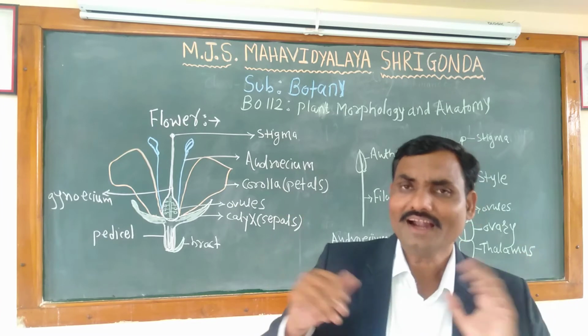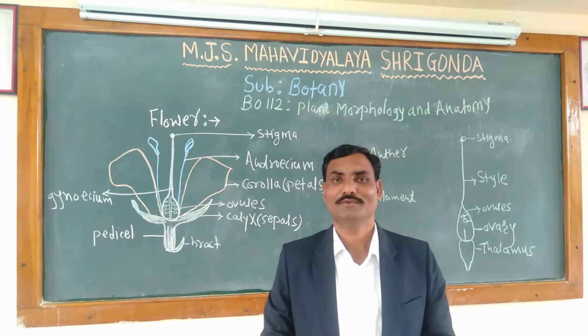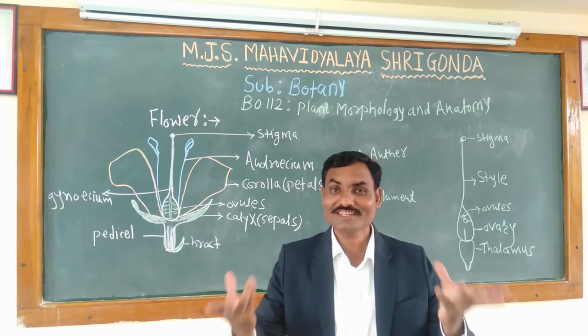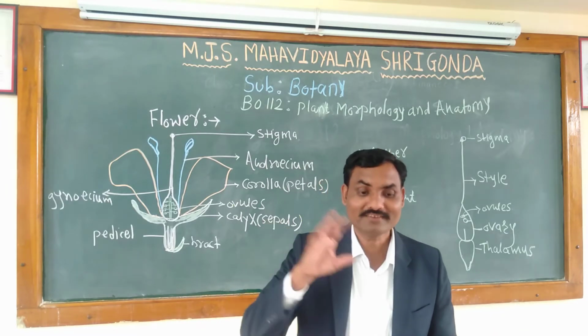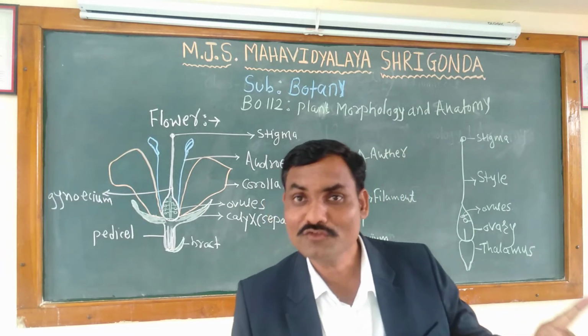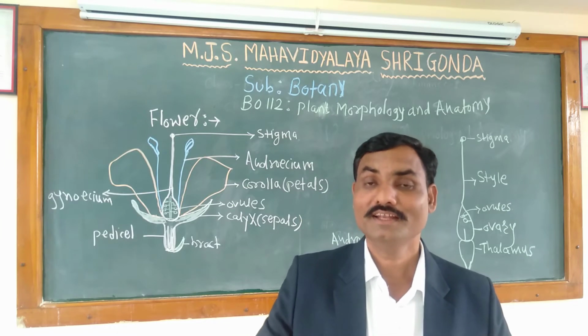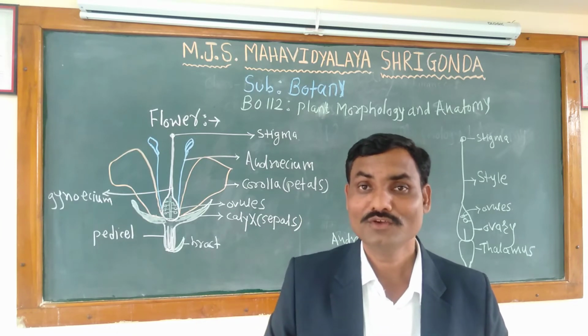Then there are some plants which have showy bracts. Very beautiful leaf-like structure is also there. Showy bracts are present in poinsettia, that is some members of Euphorbiaceae. Euphorbia pulcherrima. Then there are different species of Euphorbia.